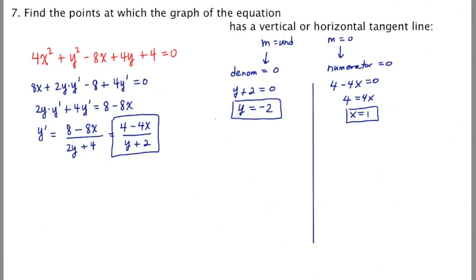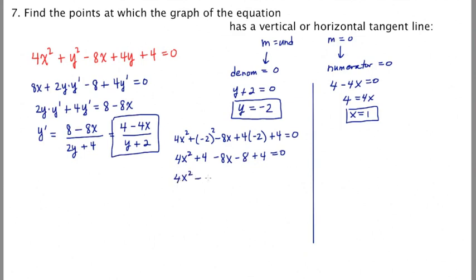For the first case where y is equal to negative 2, I'm going to say 4x squared plus negative 2 squared minus 8x plus 4 times negative 2 plus 4 is equal to 0. So 4x squared plus 4 minus 8x minus 8 plus 4 is equal to 0.